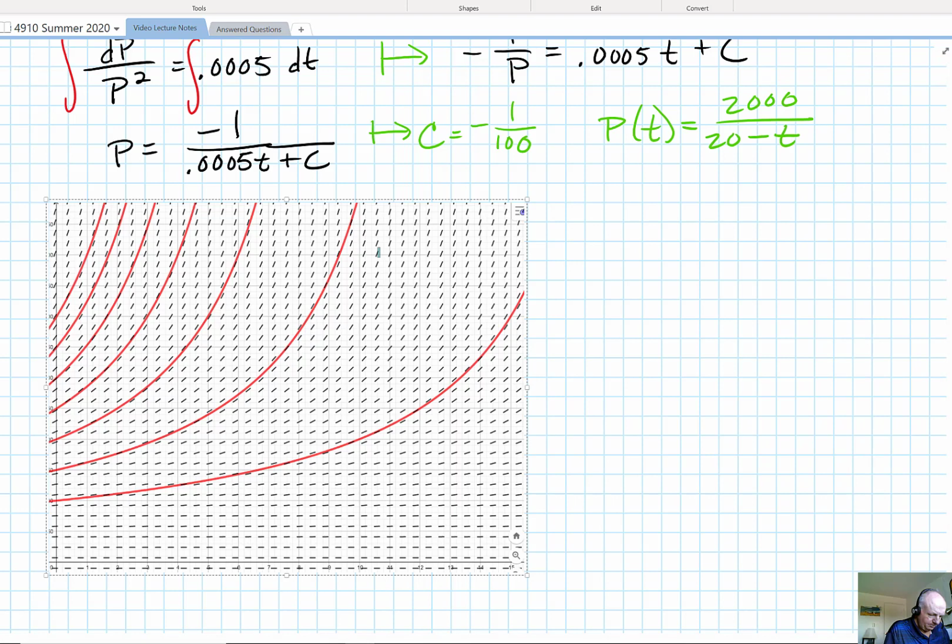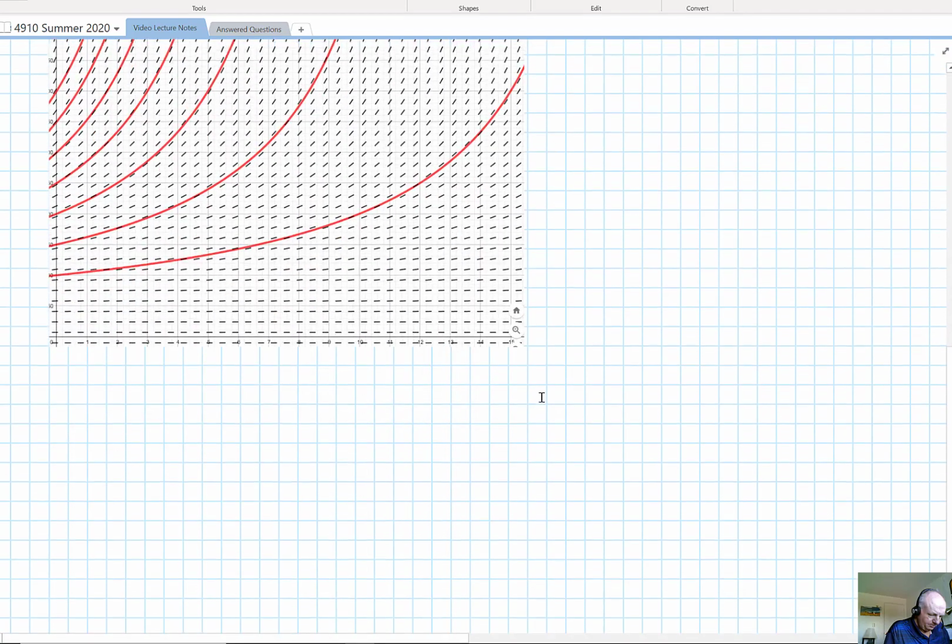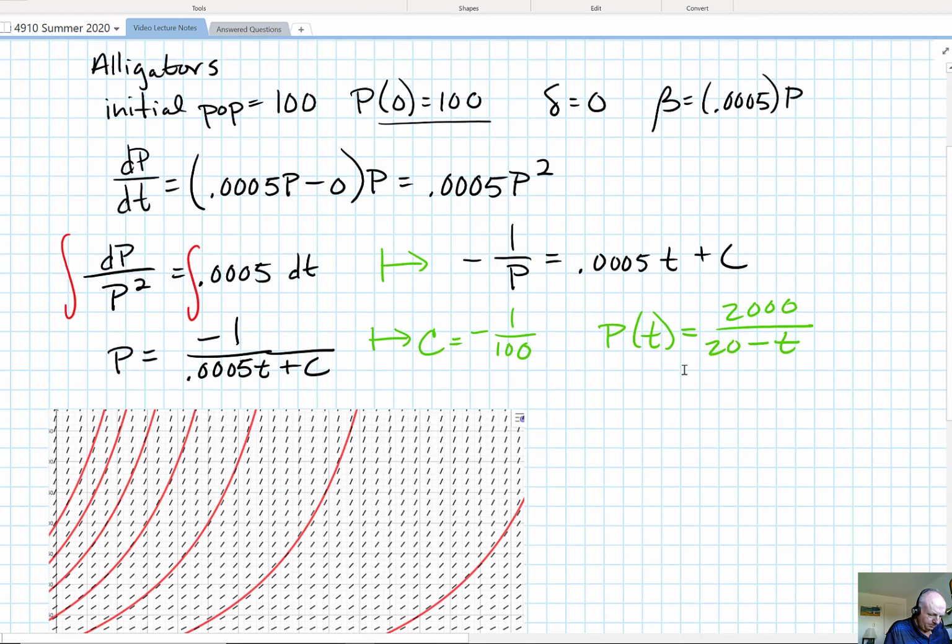So they never die, and we would expect the population to go to infinity regardless of where we started. I always like to look at those graphs to verify that things behave the way they should. All right, so that's our general population model.